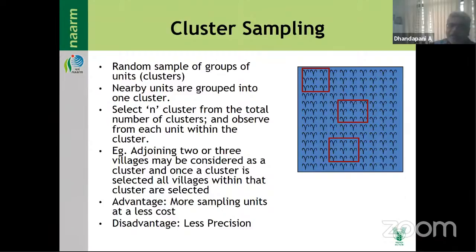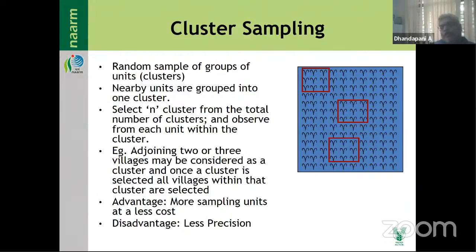Now another one, people again get confused when you say cluster sampling. Cluster sampling means that if you think of simple random sampling, for example, I use simple random sampling to select villages. Say I selected 20 villages.